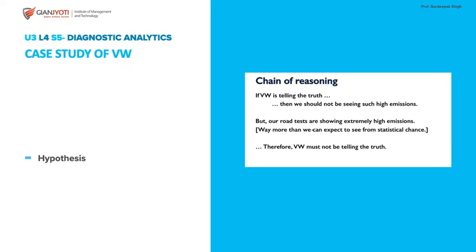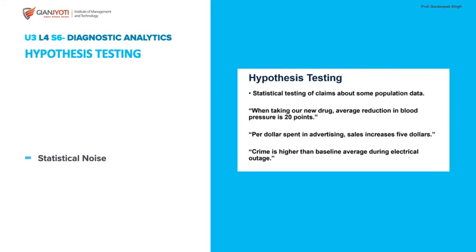And that is how the authorities caught Volkswagen, and there was a heavy fine, and the CEO then resigned. So you know the consequences. This is how diagnostic analytics can help you in different business situations.